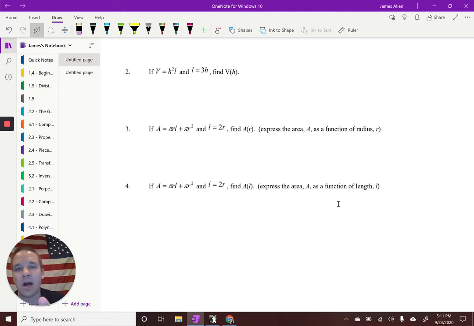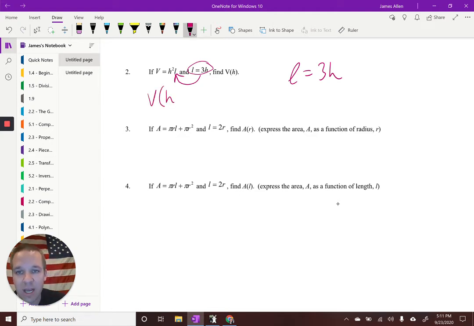All right, so I want to write my volume as a function of height, meaning I shouldn't have L in there, okay? So I have this second function here where it's L equals 3h, and I want to make sure that it is solved for L so that I can plug it in to this function. Well, this one is already solved for L, so I can just go ahead and substitute.